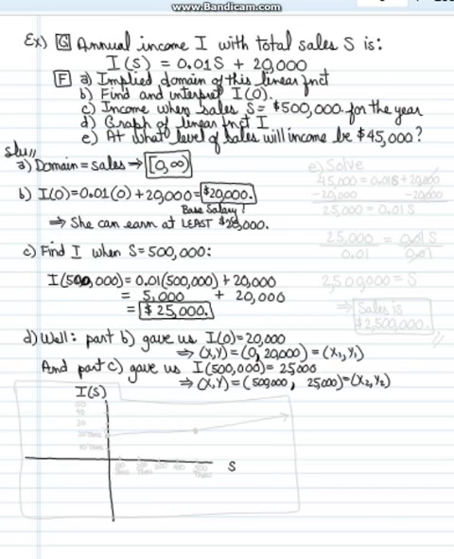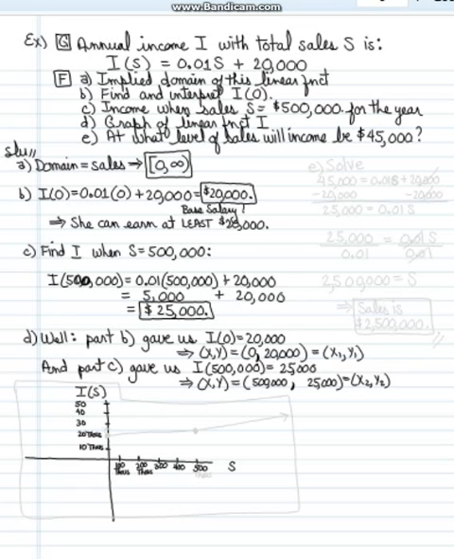For sales, we'll mark 100,000, 200,000, 300,000, 400,000, 500,000. That's far enough because we have the 500,000 information. On the y-axis, we'll start at 10,000 and go up to 20,000 and work our way up to 50,000. That's a little more than we need, but it covers everything.